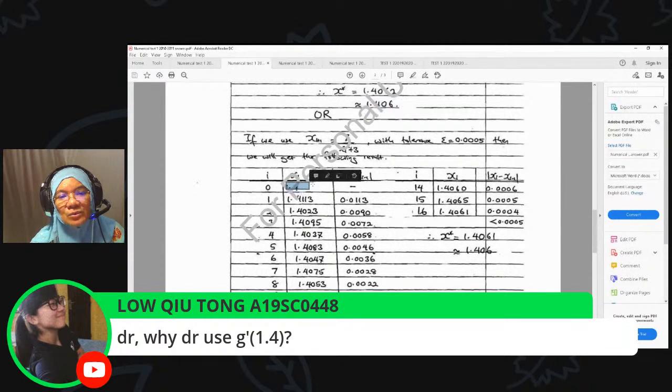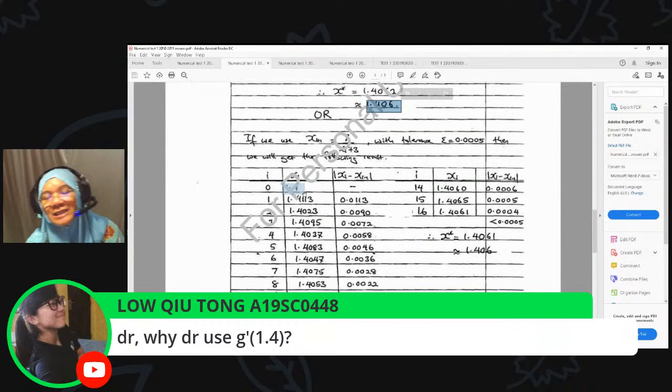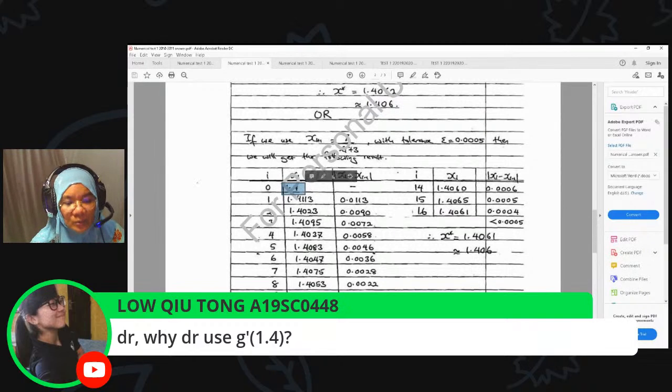That's why they ask you to use 1.4, because the answer is 1.4061, or 1.4062. So that's why they changed the question during the exam to initial condition 1.4. Very good question.